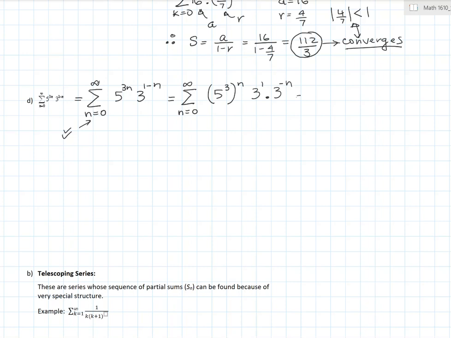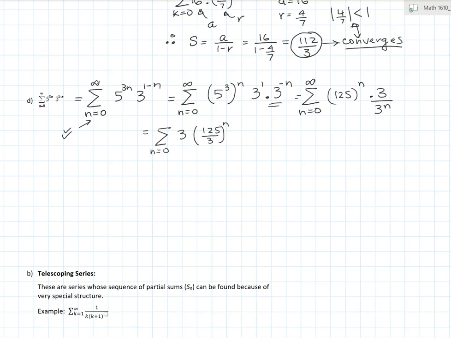But then this becomes, well, 5 cubed is 125 raised to the power n times 3, and 3 raised to the negative n is just 3 raised to the power n in the denominator. So again, when we write it in the proper form, I get 3, and then collecting everything with the exponents, I would have 125 over 3 raised to the power n.